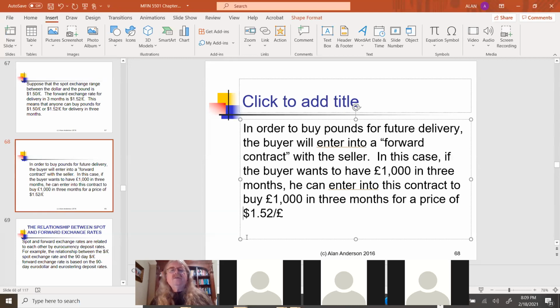And so what you're basically agreeing to do is in 3 months, you'll pay $1,520.